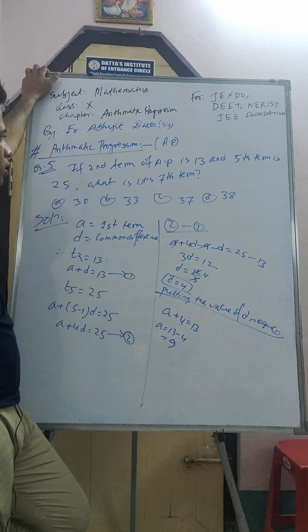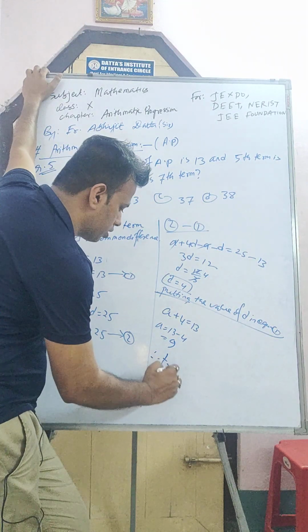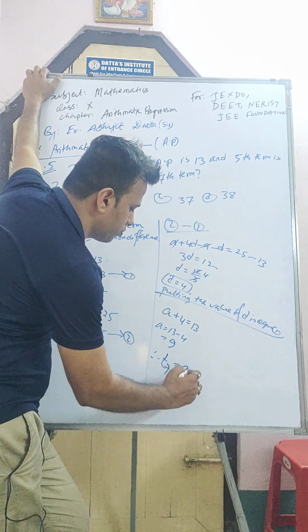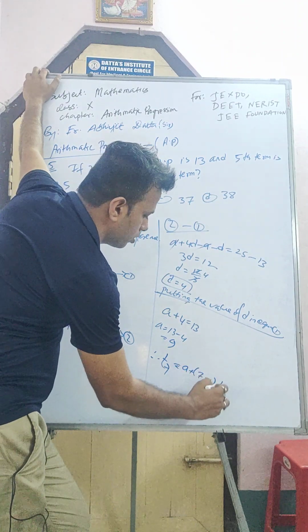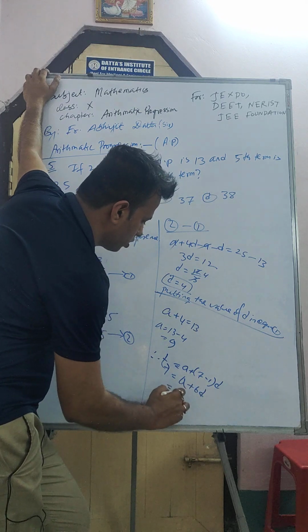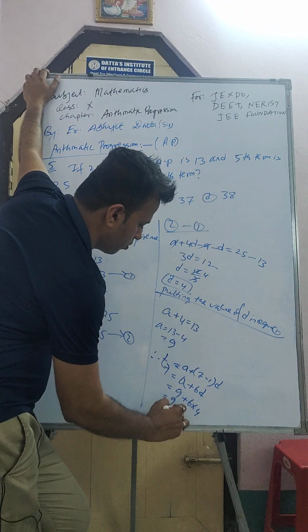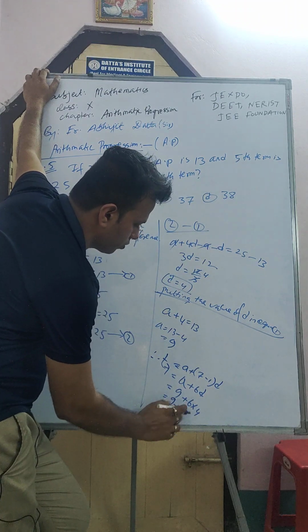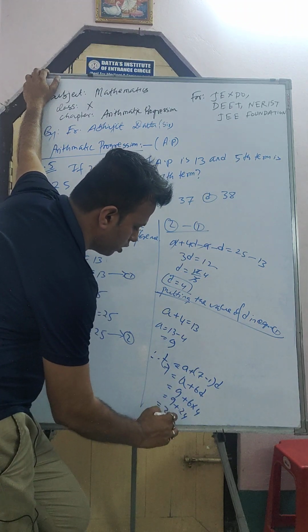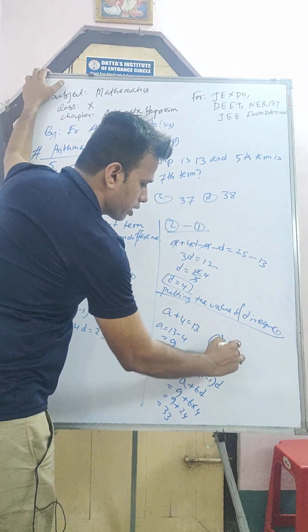So we have to find out the 7th term. So T7 will be A plus 7 minus 1 into D, that is A plus 6D. So A is what, sir? 9, and D is 4. So 9 plus 6 times 4, 24. It will be 33. So the 7th term will be 33. Which option is correct, sir? Option B is the correct answer here.